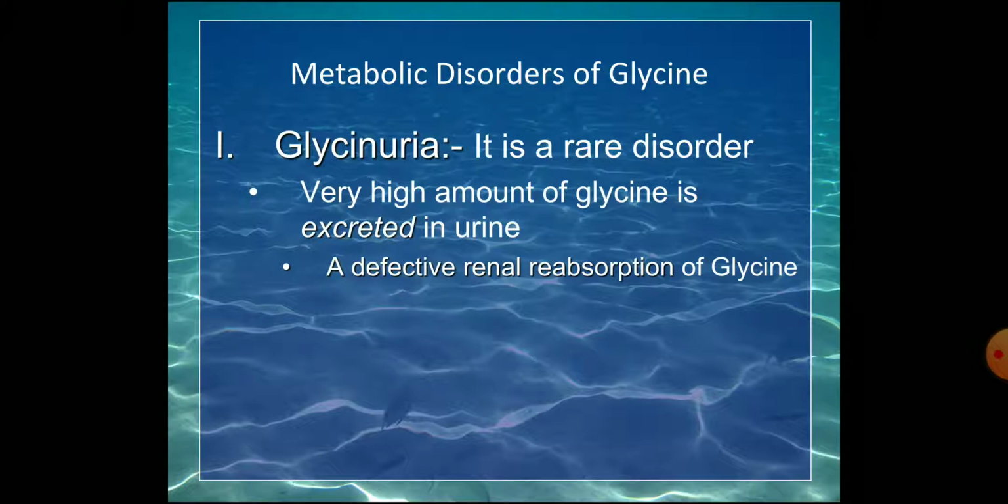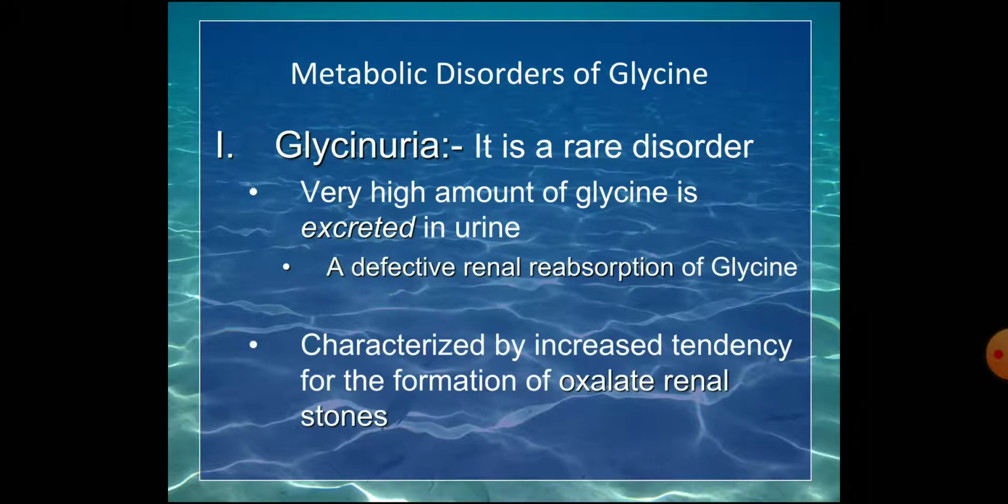Its main defect is the renal reabsorption of glycine, and it is characterized by an increased tendency for the formation of oxalate renal stones. The excretory product of glycine, as we have studied, is oxalate. That will be excreted in large quantity through the renal tract, and it will produce renal stones.